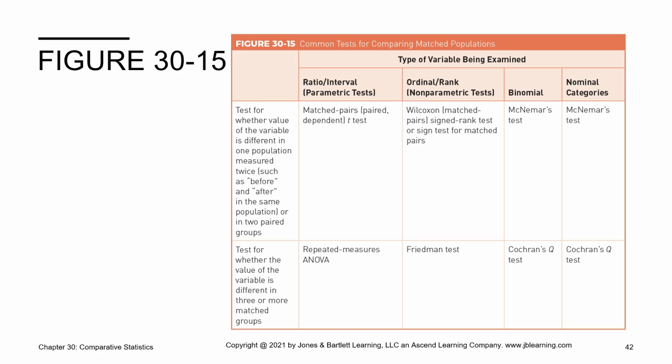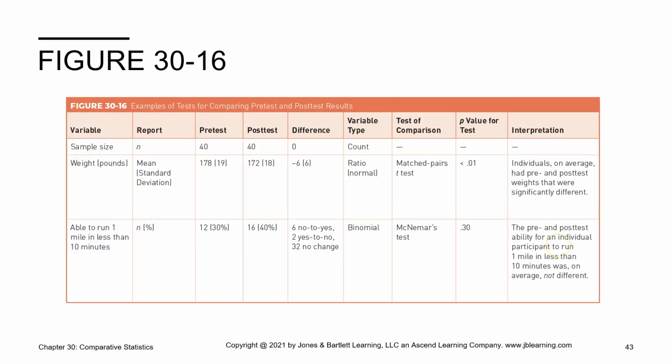And so again, this is a really good one to come back to when you have those pre and post comparisons and you want to do it more than once. Then figure 30.16 goes over examples of tests for comparing pre and post-test results. And so this has the actual data here where you can see some pre-post differences in weight as the continuous variables and what test would be used for that.